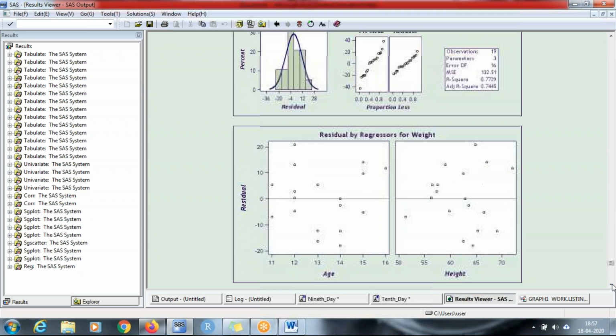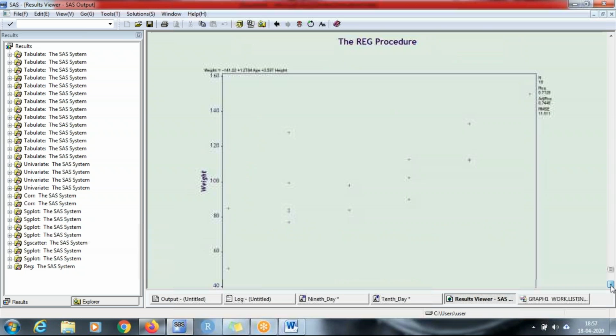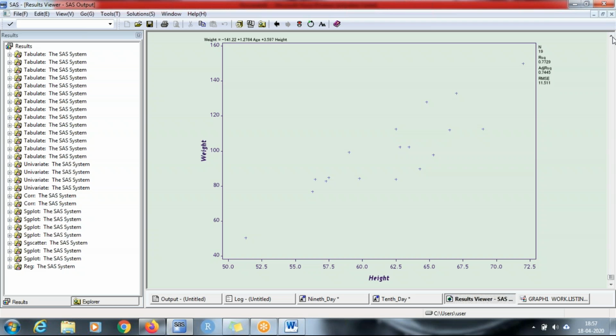Right. So these are residuals by regression for weight, independent variable, and finally you have this equation, which is, sorry, this would be here.